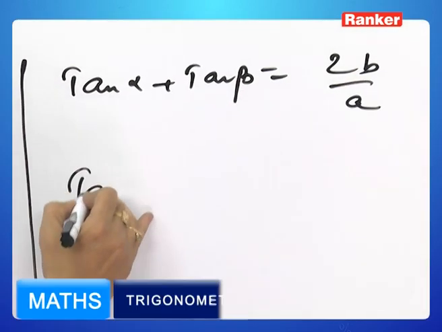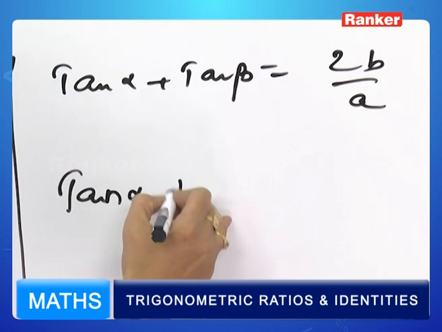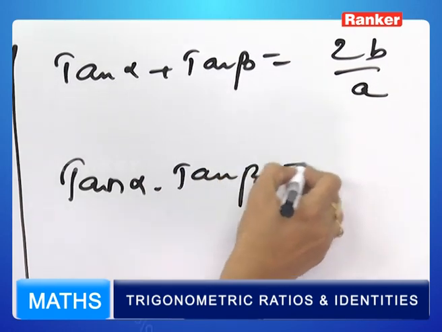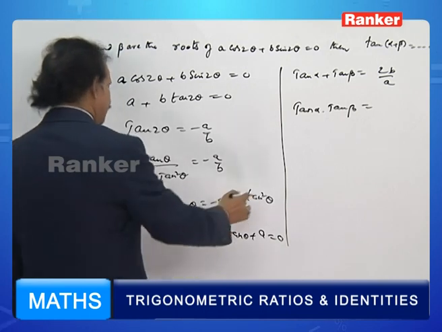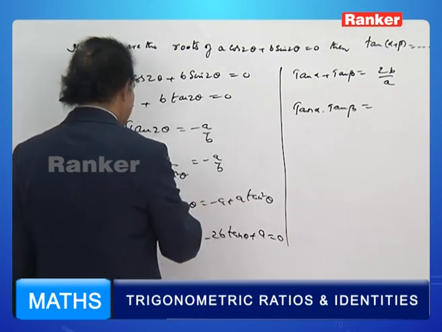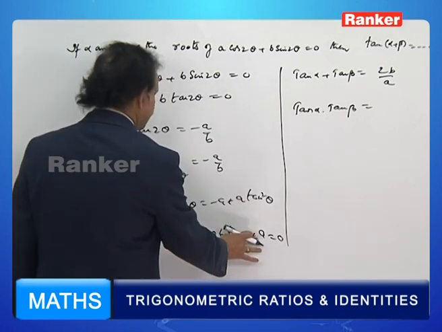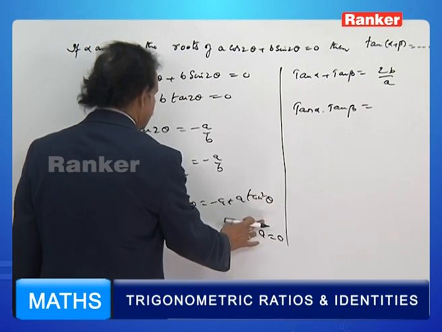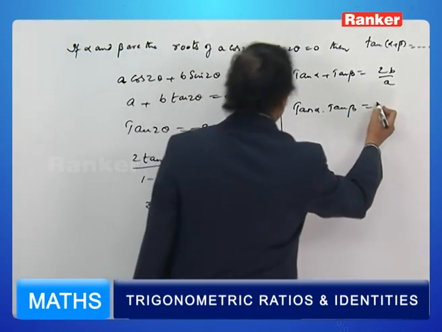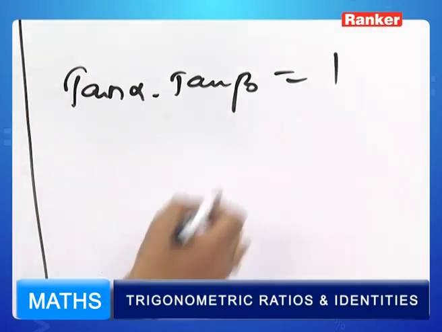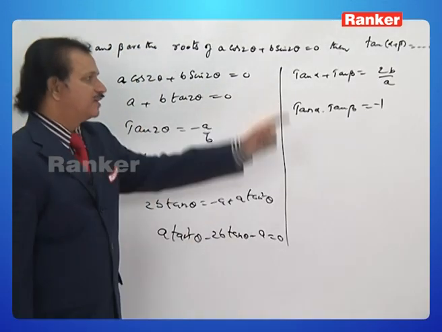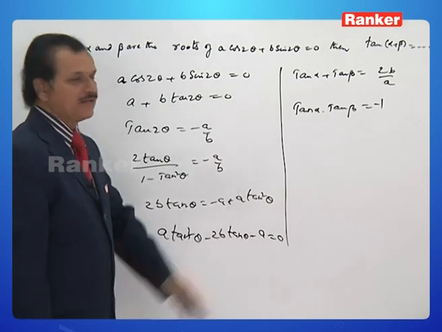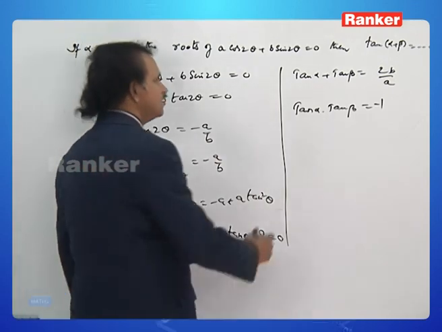And product of the roots is tan alpha into tan beta is equal to, what is that? It is a tan square theta minus 2b tan theta. It is minus, not plus. So minus a by a is 1. I'm sorry, minus 1. So tan alpha plus tan beta is 2b by a, and tan alpha tan beta is minus 1.